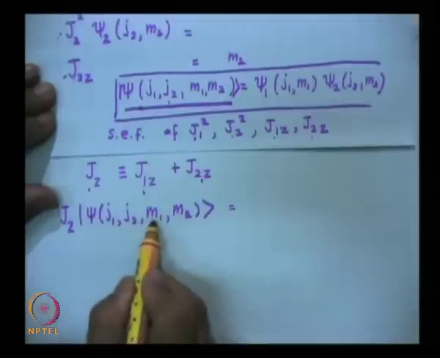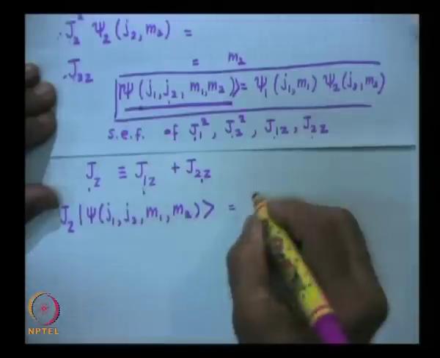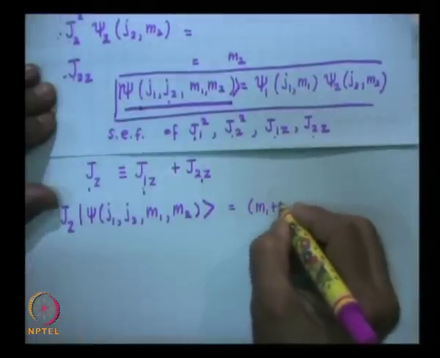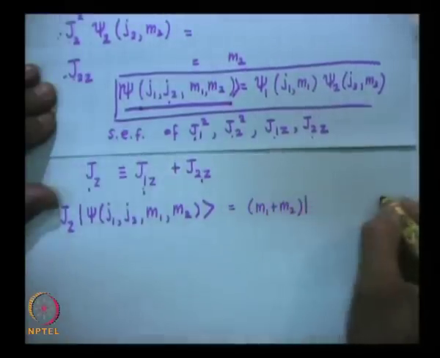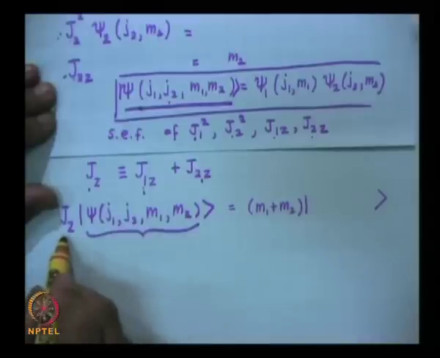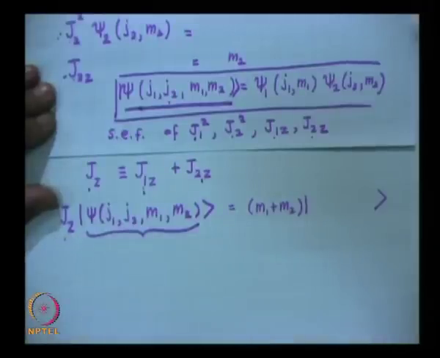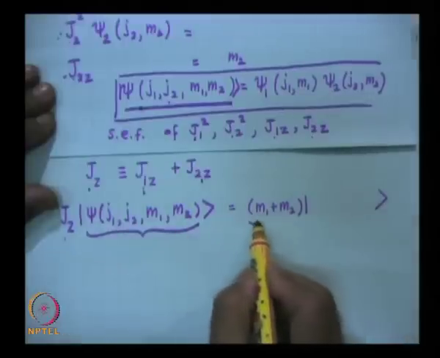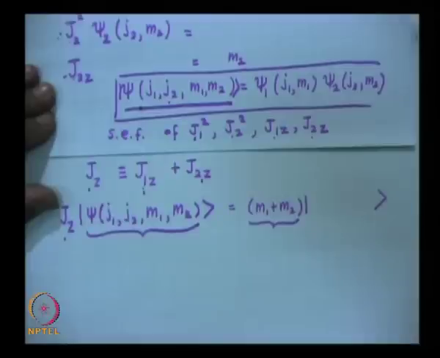For J1z it is M1 and J2z is M2. So, this is equal to M1 plus M2 times the same ket. So, this ket is also an eigenket of the operator Jz belonging to the eigenvalue M1 plus M2. Thus, we now know all the eigenvalues of Jz.